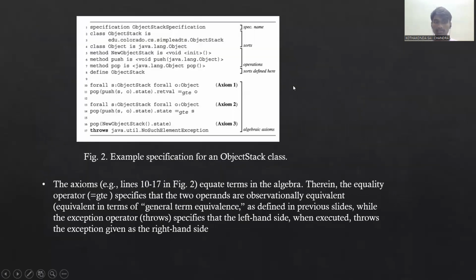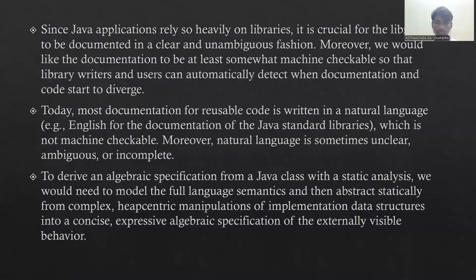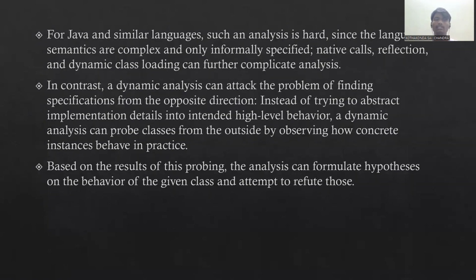More precisely, for Java and similar languages such an analysis is hard, since the language semantics are complex and only informally specified. Native calls, reflection, and dynamic class loading can further complicate analysis. In contrast, a dynamic analysis can attack the problem of finding specifications from the opposite direction.